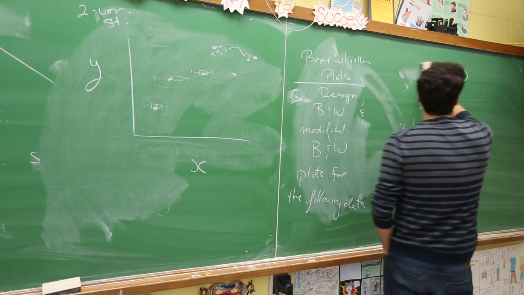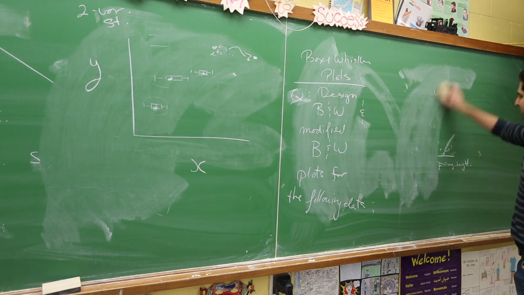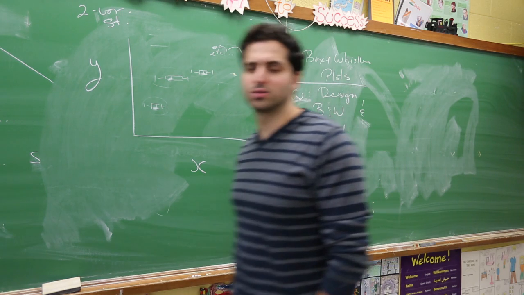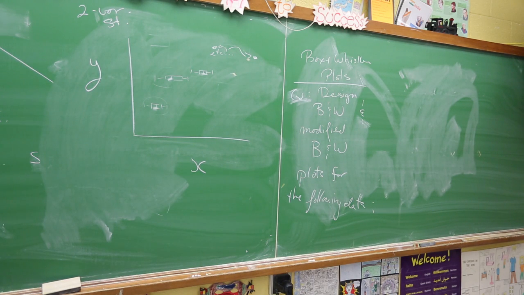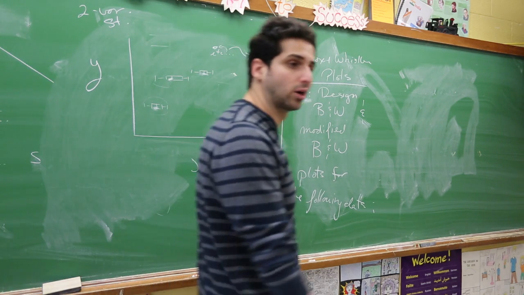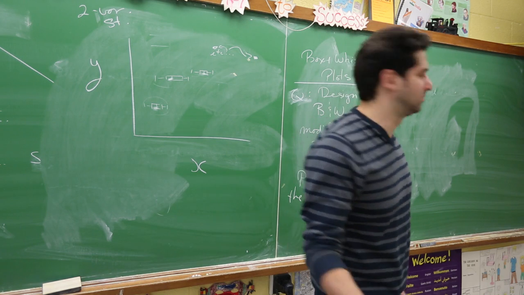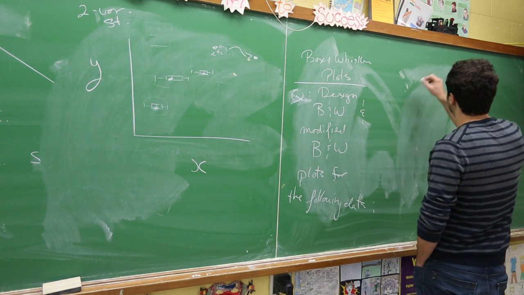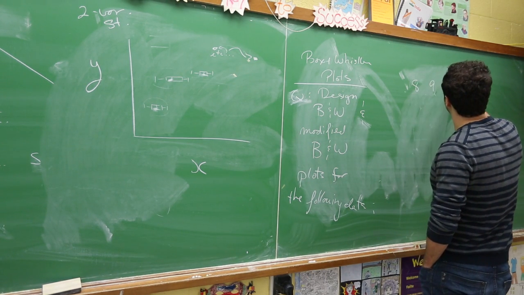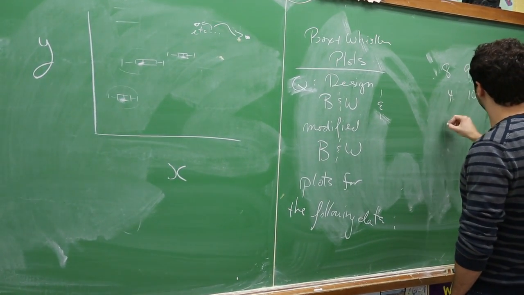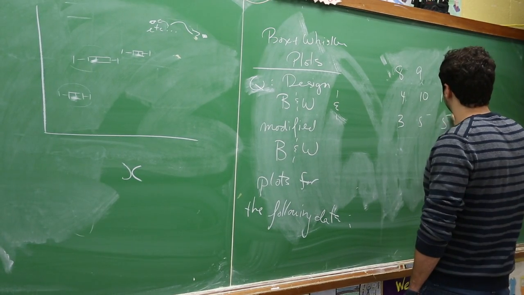So I'm going to list, let's say these are percentages, let's say you had a quiz or something. Let's say you had a quiz, and let's say it was out of 10 marks, okay? I'm going to write down the marks of everybody in the class, okay? So, one person got an 8, you got a 9, you got an 8, 10, 10, 4, 3, 5, 5.